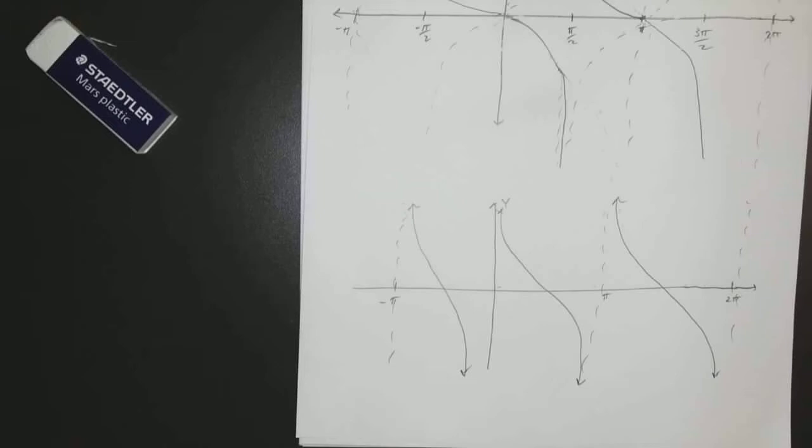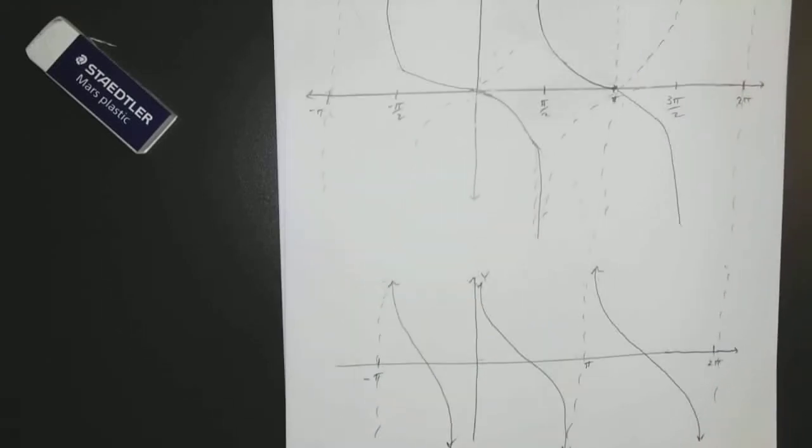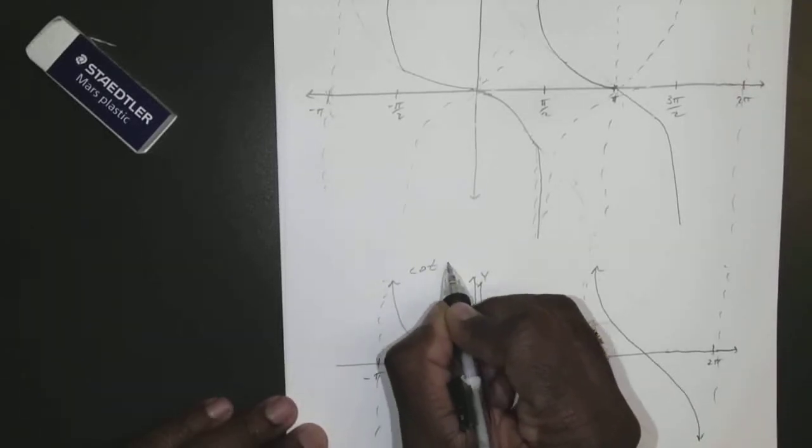Okay. With tangent, it went from negative pi over 2 to positive pi over 2. With cotangent, it goes from 0 to pi, pi to 2 pi, 2 pi to 3 pi. It kind of shifted. Because remember, since it's now shifted and flipped from tangent, it's just the other way around. So this is your graph for cotangent of x.